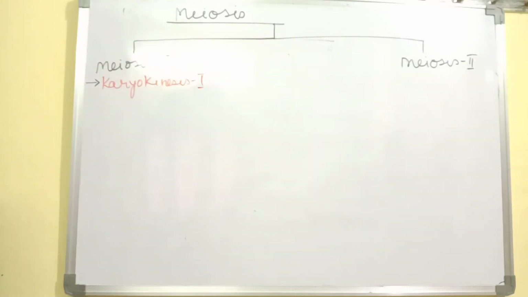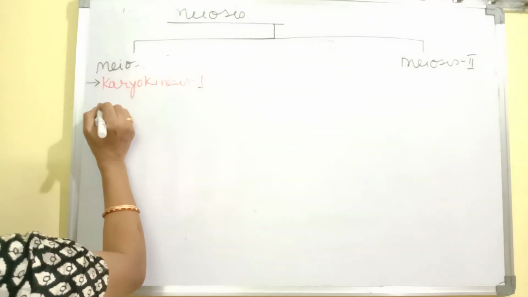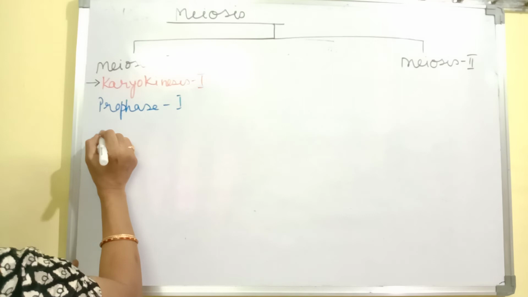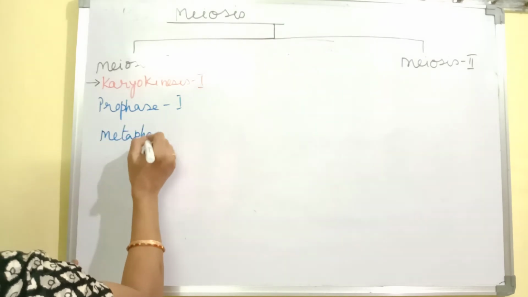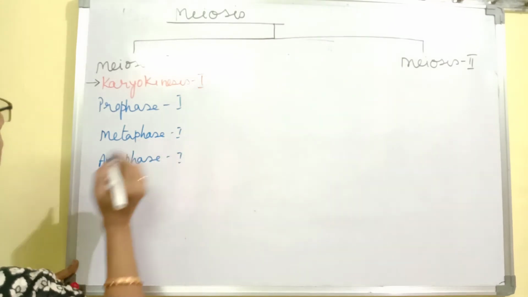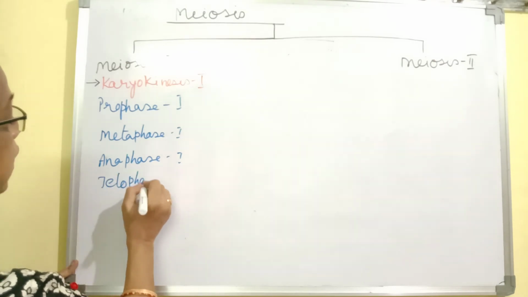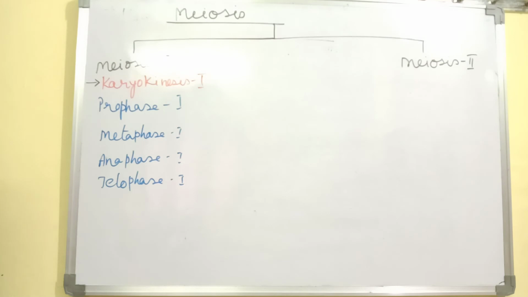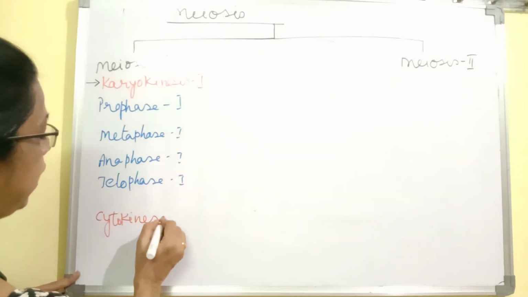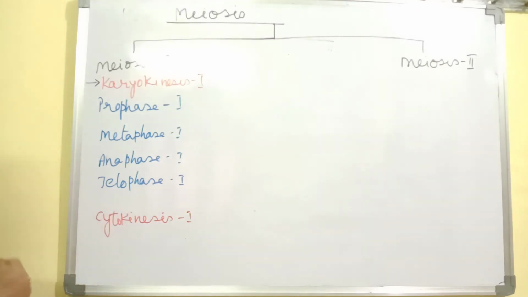Karyokinesis is further divided into prophase 1, metaphase 1, anaphase 1 and telophase 1. And then we have cytokinesis 1.